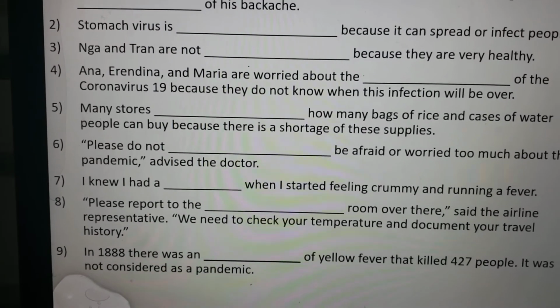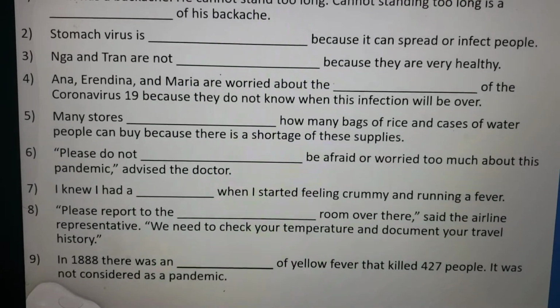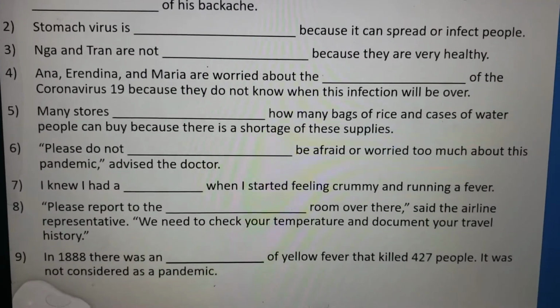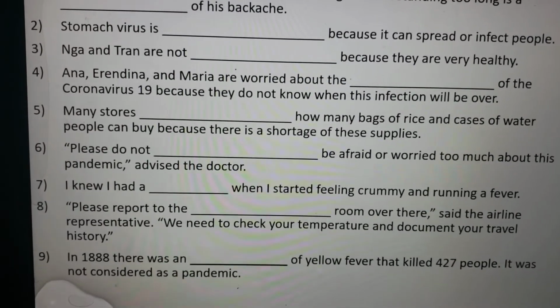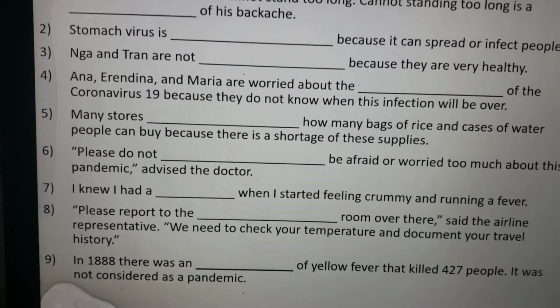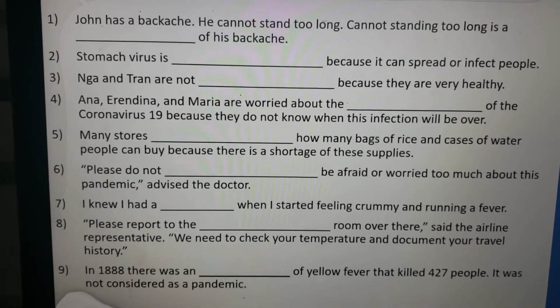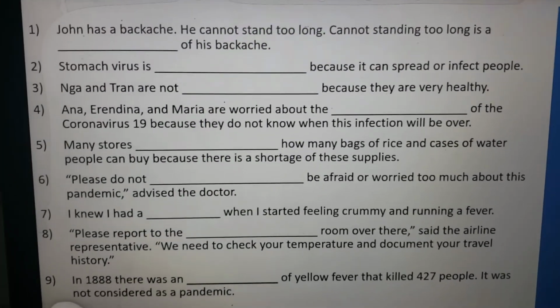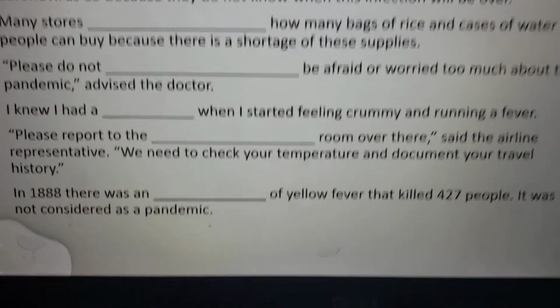In 1888, there was a blank of yellow fever that killed 427 people.